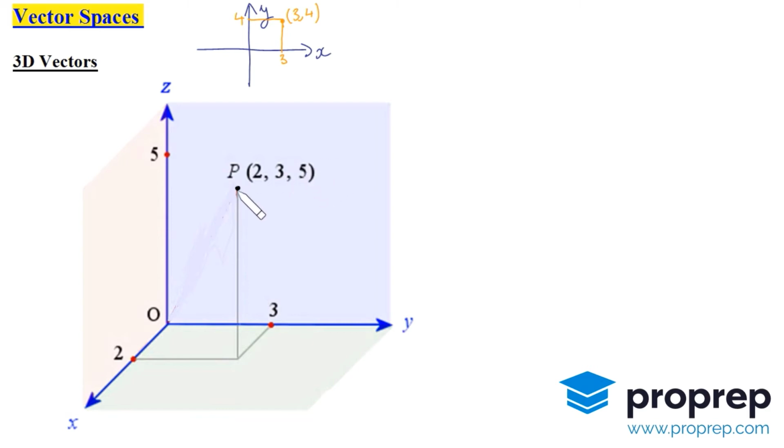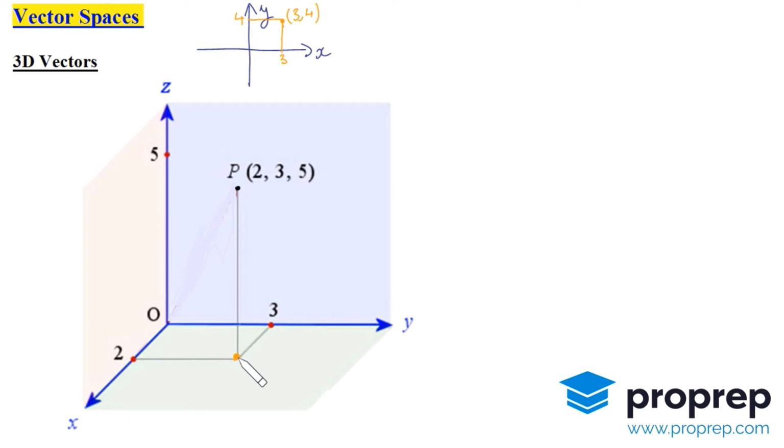One way to do this is just to drop a perpendicular into the xy plane, which is this one here. And we see that for this point, x is 2 and y is 3. So we start with (2, 3). But then we also have to go up, and that would be 5 units. So we need an x, a y, and a z for the three-dimensional world.